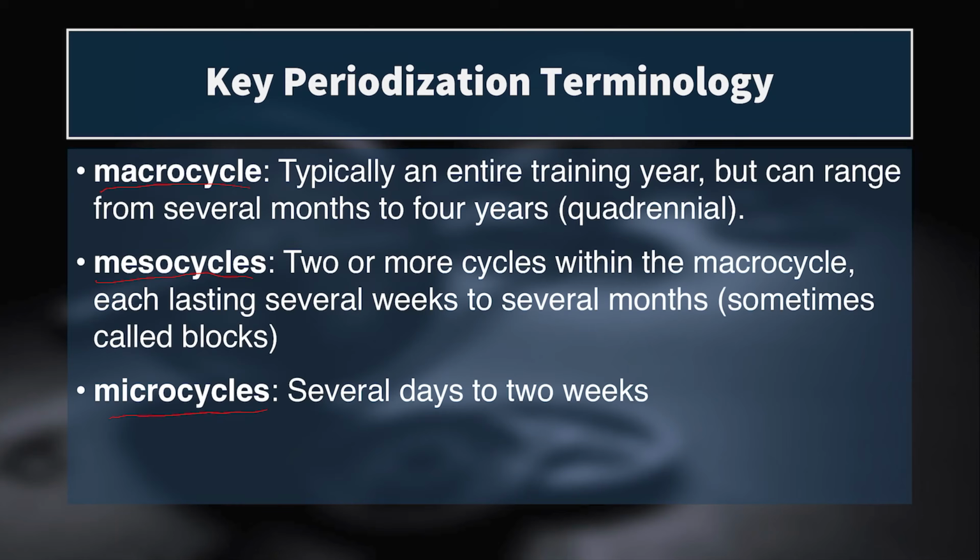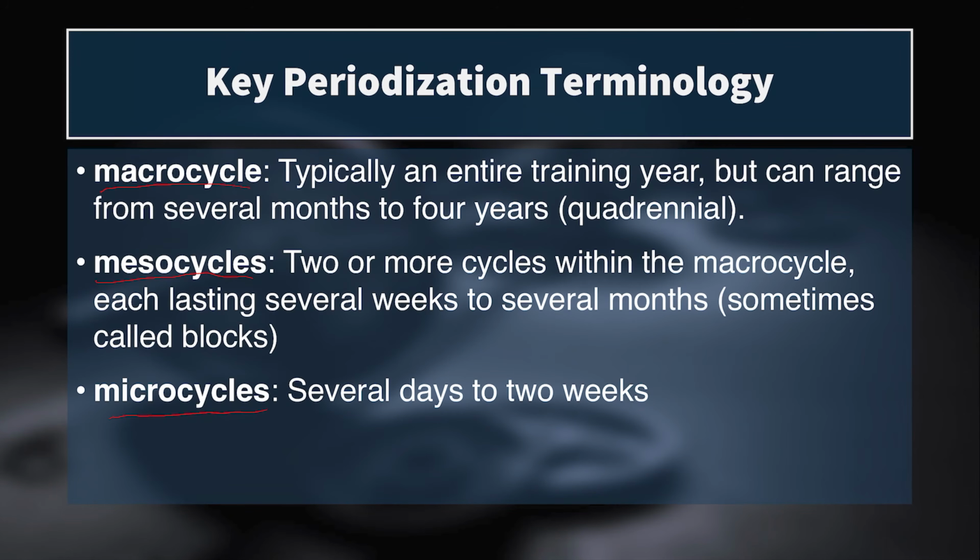Other times, it depends on who you're talking to and what literature you're reading. Other times, blocks of training stacked on top of each other or in sequence make up a mesocycle, which in turn, several mesocycles make up a macrocycle. So again, don't get confused there. They can sometimes be interchangeable, sometimes they mean different things.